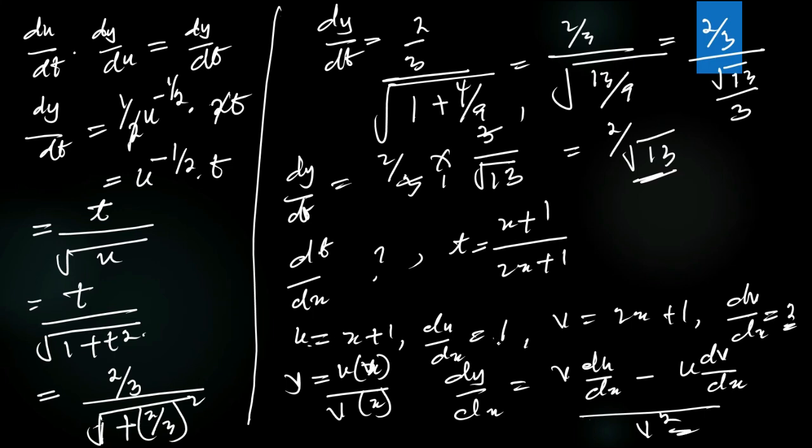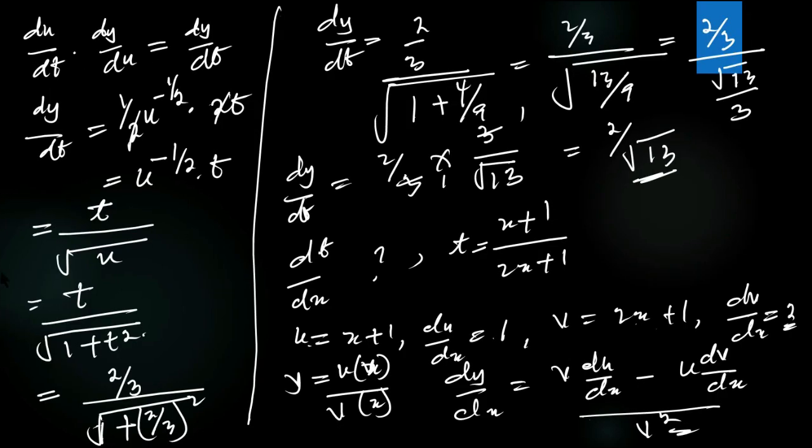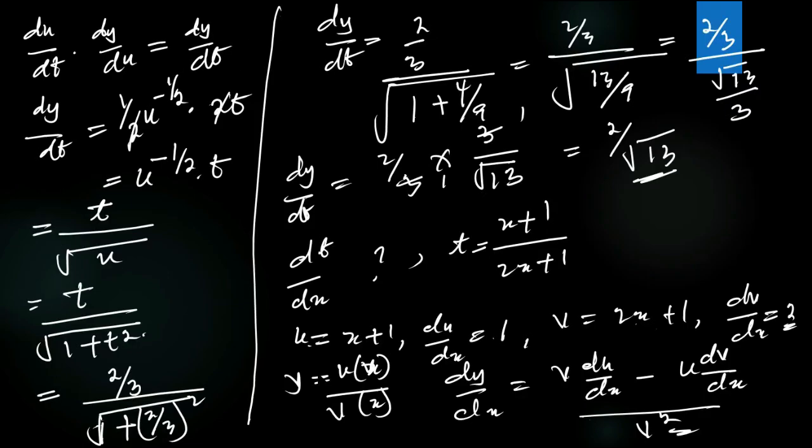My dt dx will be the same thing as v du dx. My v is 2x plus 1 and my du dx is 1, minus u dv dx. My u is x plus 1 and dv dx here is 2, so minus 2 into x plus 1, all over v squared.